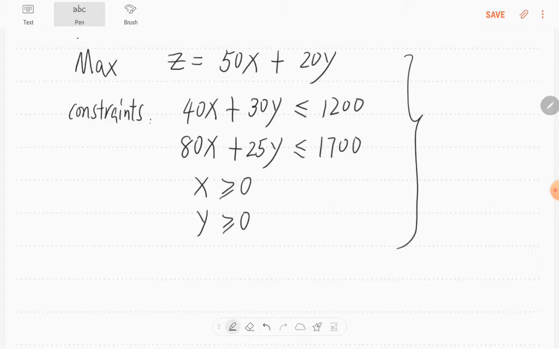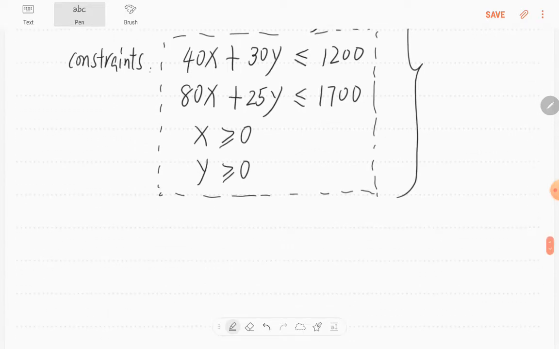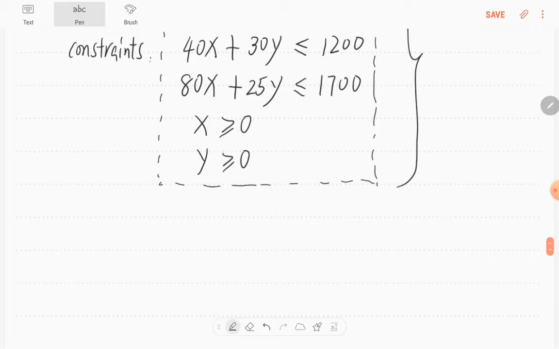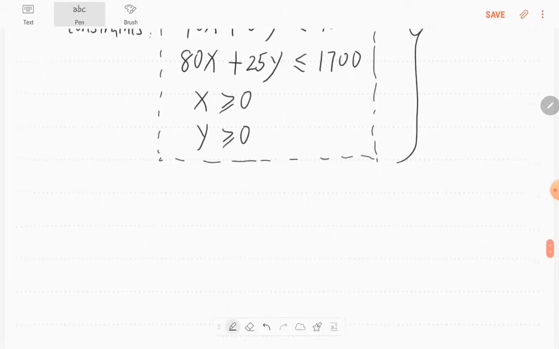How can we find the feasible region? We notice that these are a system of linear inequalities. We can use these constraints to find the feasible region. In other words, x, y should satisfy these four inequalities, right? So now let's look at what the feasible region is.